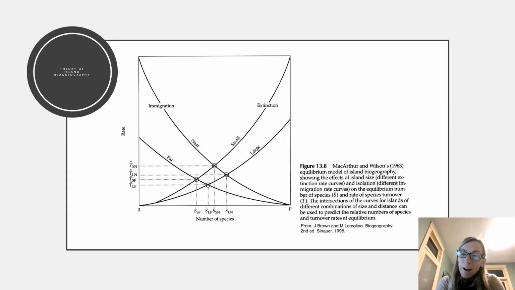So small far islands have the fewest species, large near islands are going to have the most, and the other two intersections fall somewhere in between.